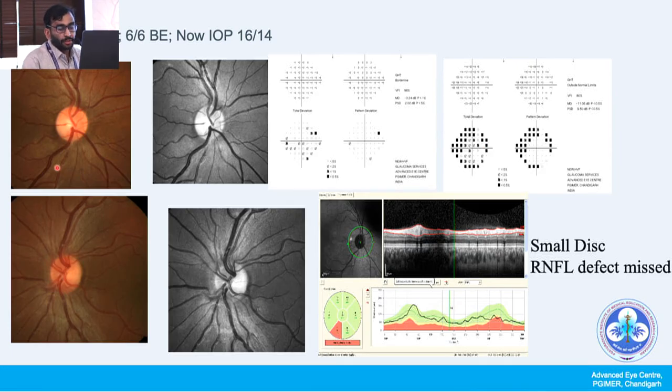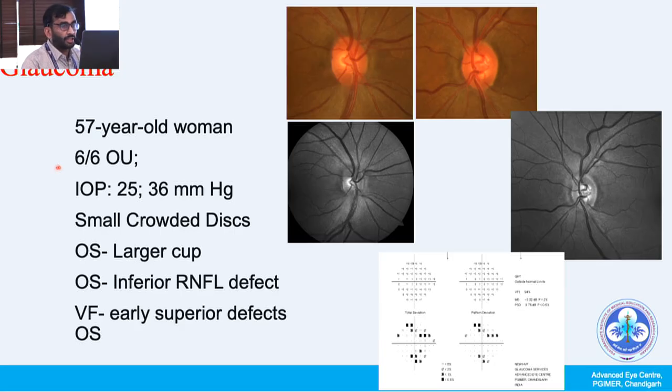But contradicting this picture, there is another case of steroid response, a patient with very high pressure. Both eyes have a small cup, but the left eye has cupping. There is also loss of the normal sheen of the RNFL inferiorly, but contradicting this, the OCT shows green.